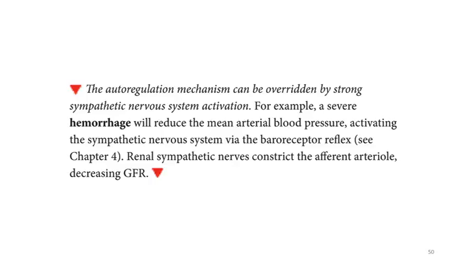But due to the strong effect of the sympathetic nervous system, the afferent arteriole will be constricted and the GFR will be decreased more. It is a risky state that, due to severe hemorrhage and an activated sympathetic nervous system, kidney function will fail.